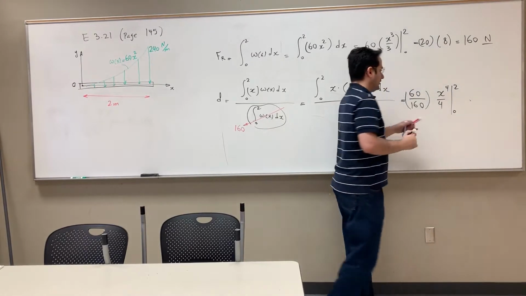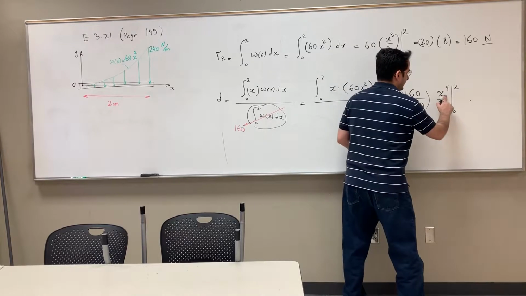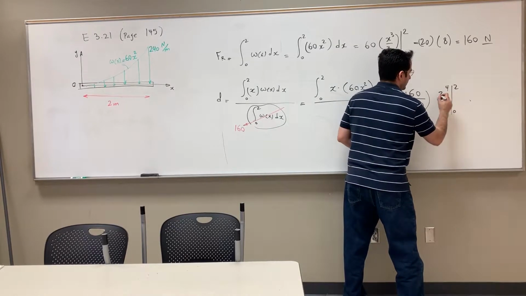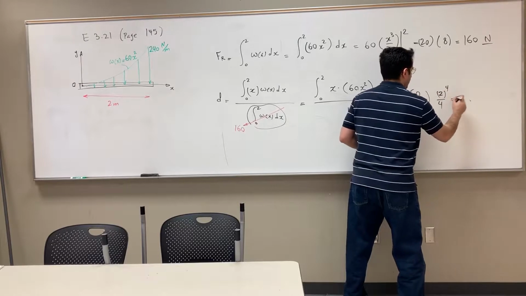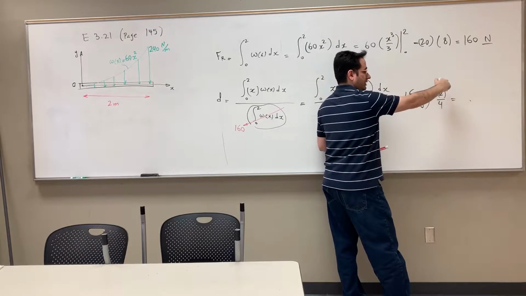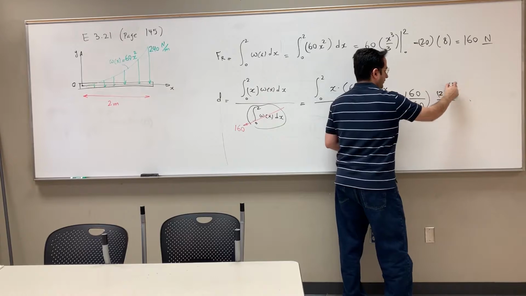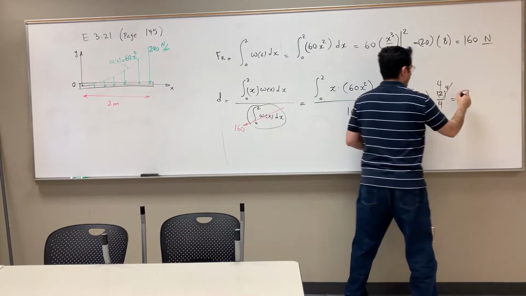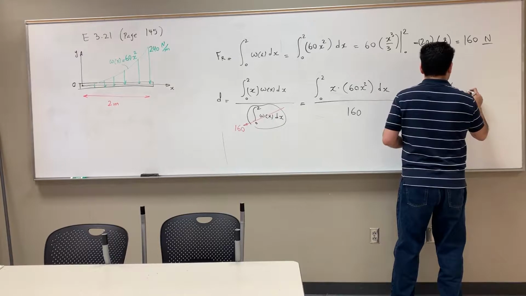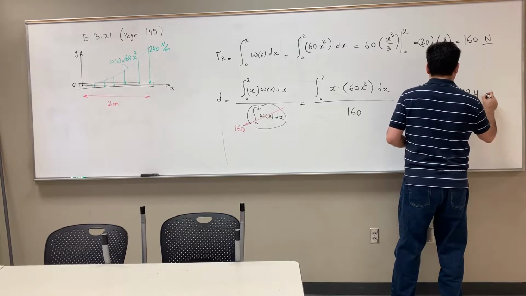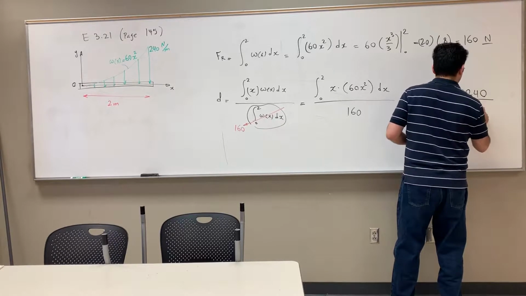So this gives you 2 to the 4, which is 16, divided by 4 times this, then you can say 240 divided by 160.